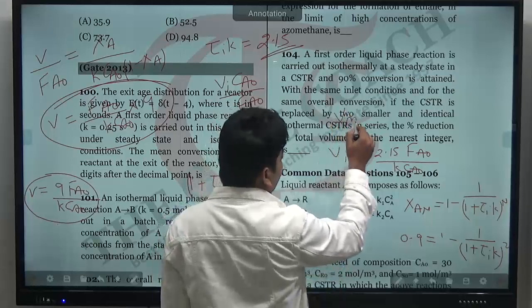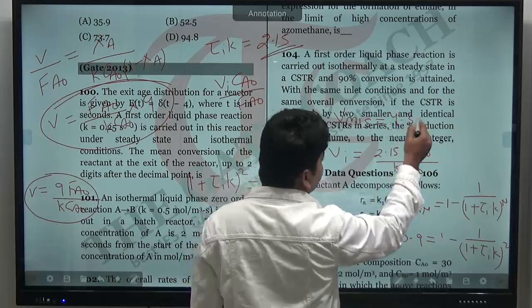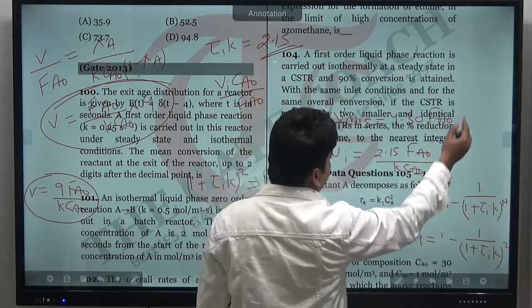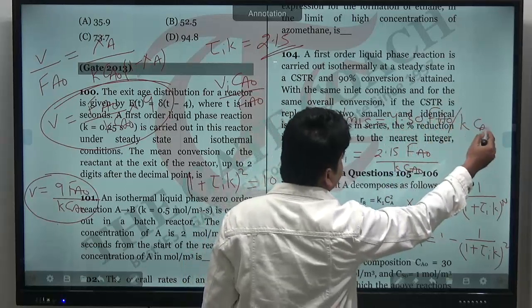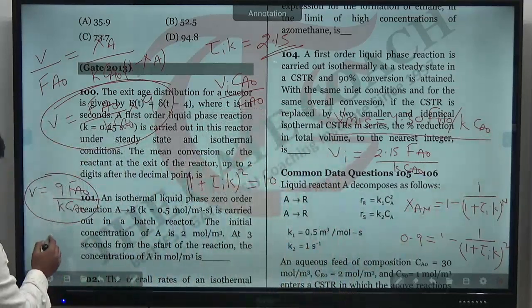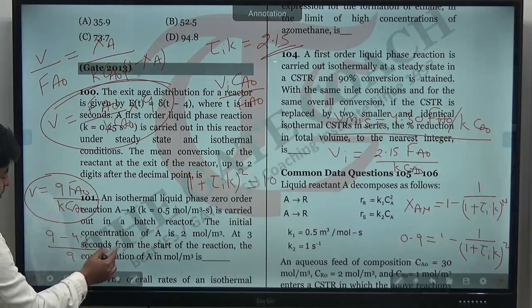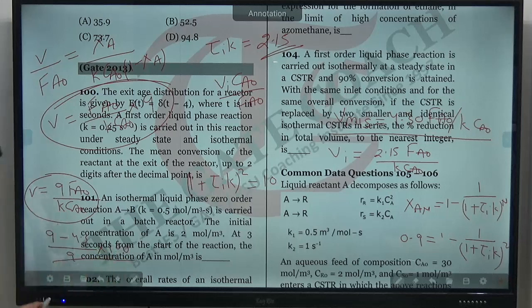So the volume will be 2 times this, that is 4.30 FA naught over kCA naught. Okay. So the percentage reduction you can calculate as initial volume 9, minus final volume 4.3, upon initial volume 9, into 100. Whatever the value comes out to be, you can calculate that.